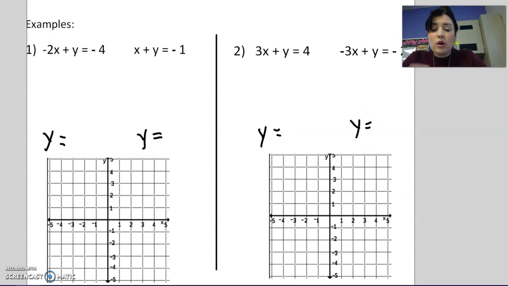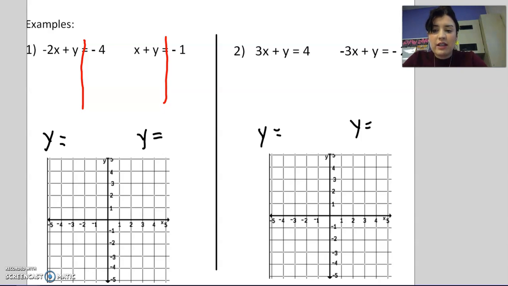So we're solving for y, for example 1. Before, we drew these lines separately. Here we want y equals on the left. So we have to move this negative 2x to the right, and we're using the inverse operation.